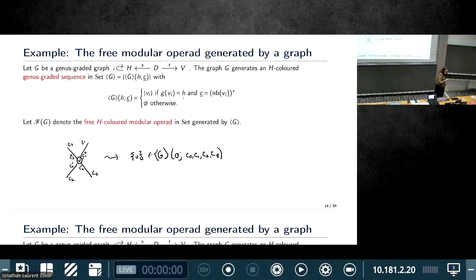Since I didn't put any genus information on C, for each vertex of my graph I'm going to write down the corresponding part of the sequence. All right, then what I'm going to do is take the free modular operad generated on this thing. I can freely add or contract anything that can be glued together.